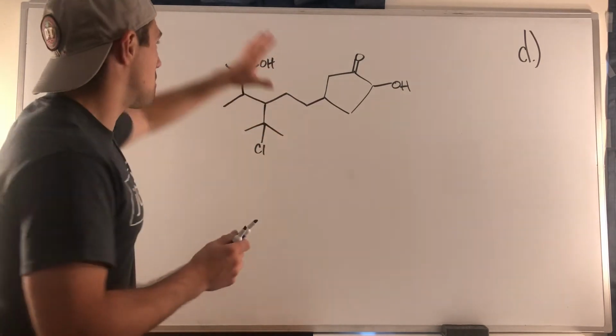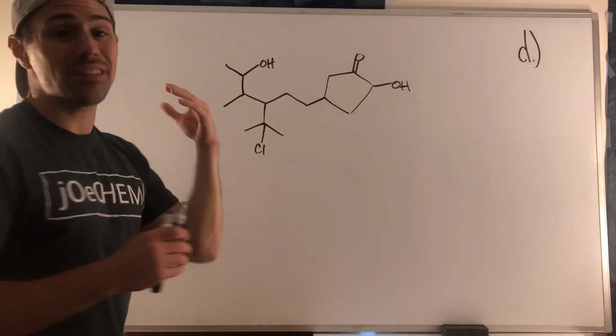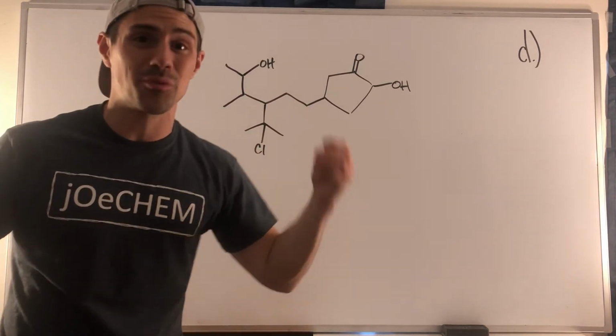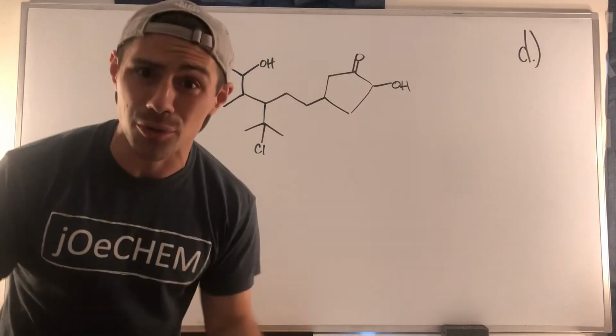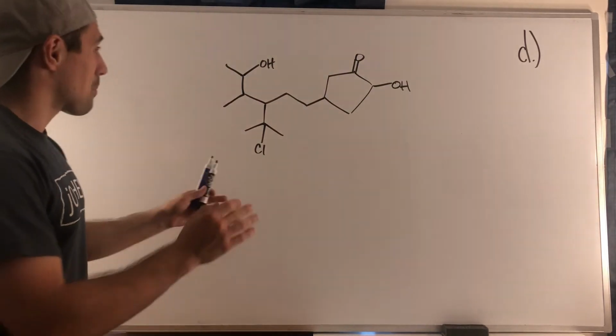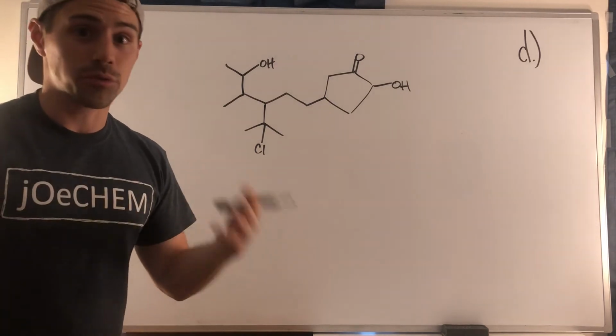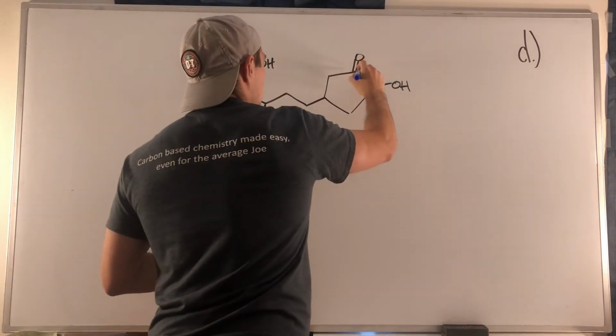So we will have to name this in parentheses, and you'll even see we'll have to do parentheses inside of parentheses. If you didn't think that's possible, guess what? It is, and we're about to do it. So, since this is a ring, and the ketone's our highest priority group, we can give it a 1.